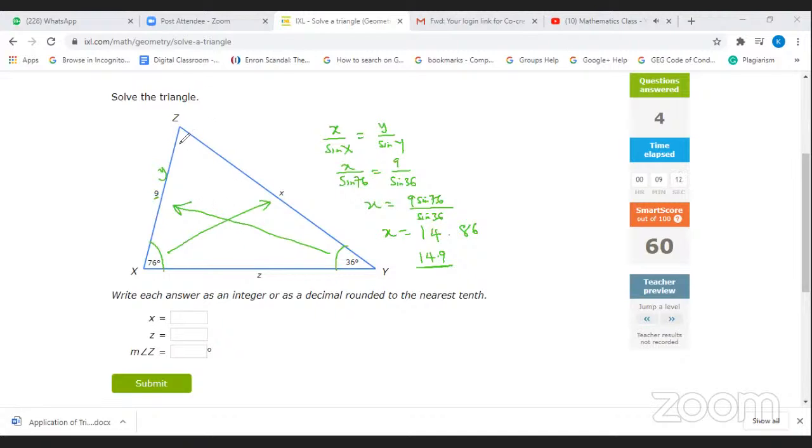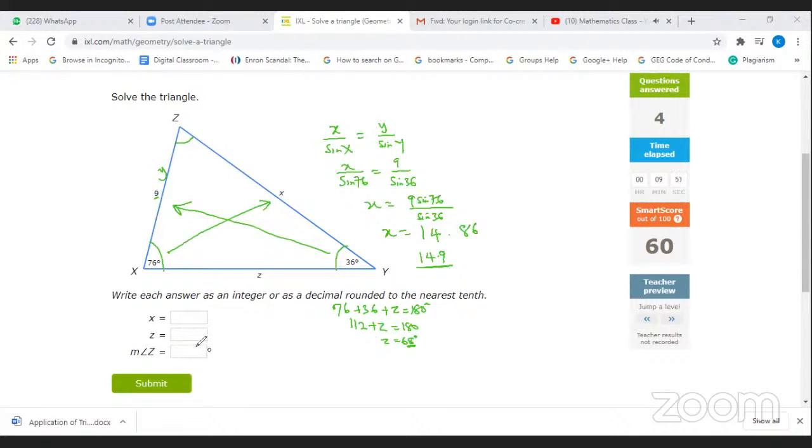But what we can just do is find this angle z, since we know the two angles, 76 and 36. So 76 plus 36 plus z will give us 180 degrees. 76 plus 36 gives us 112. 112 plus z equals 180, so z equals 68. So z is 68 degrees.